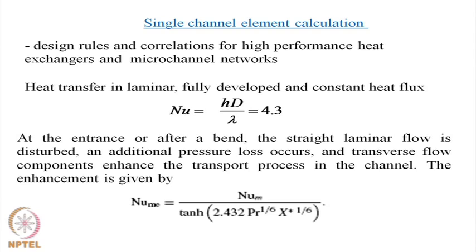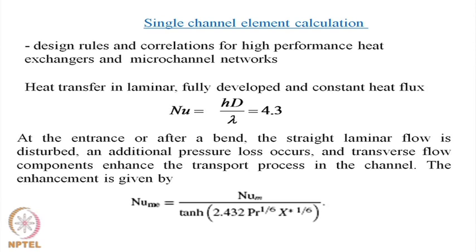What we then have just after a bend or near the entrance is developing flow, and this developing flow, with the appearance of additional pressure loss, is going to enhance the transport process in the channel, and this enhancement is given as the equation suggests.